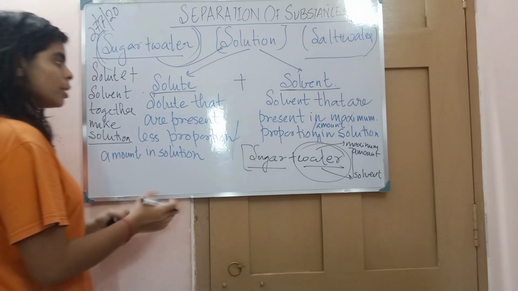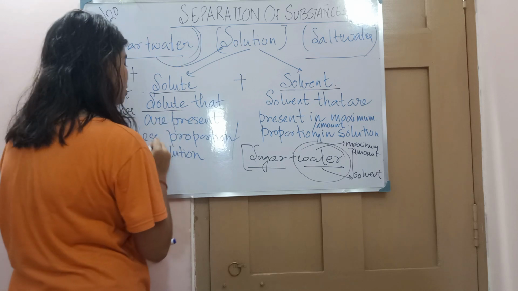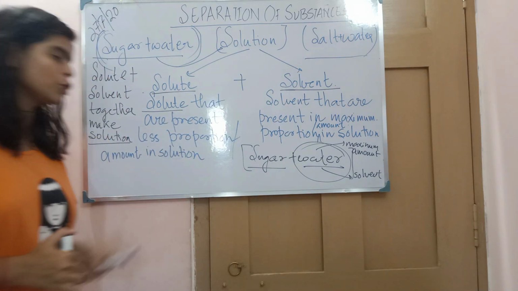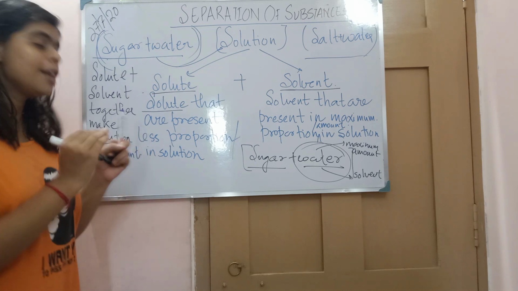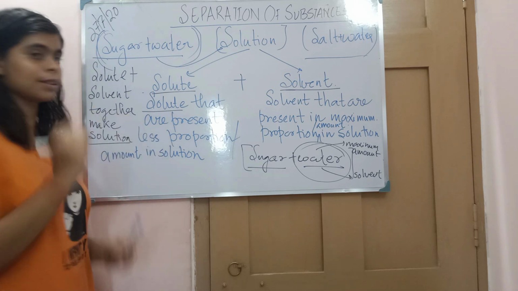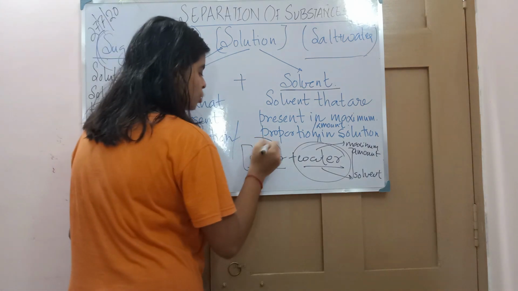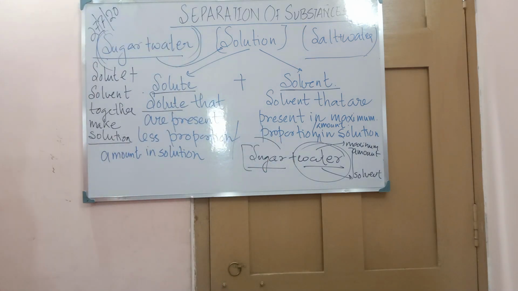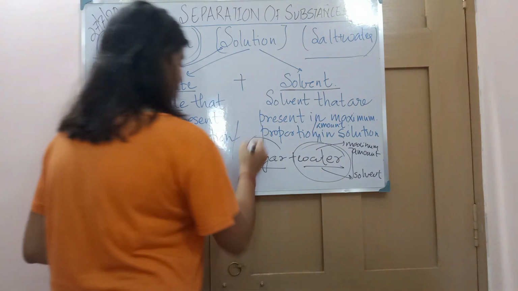And now what is a solute? Solutes are those present in a lesser amount or lesser proportion in a solution. Now in this sugar plus water, which is present in a lesser amount? Which one among them did we add in a lesser amount? Sugar.